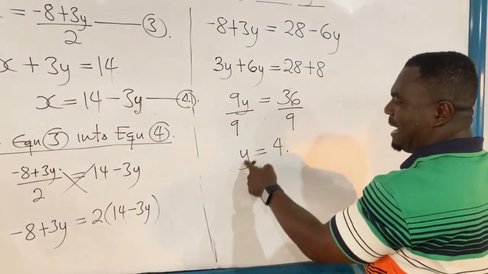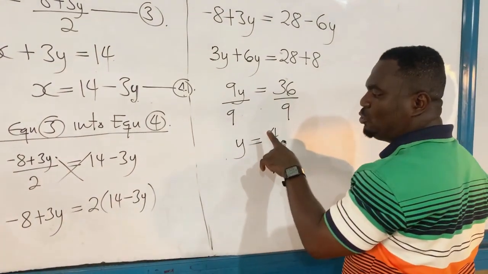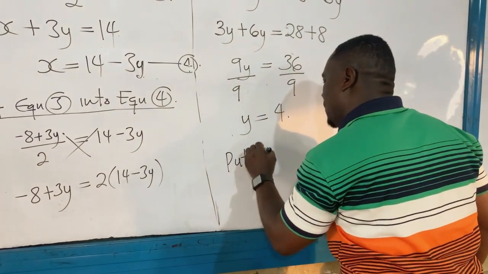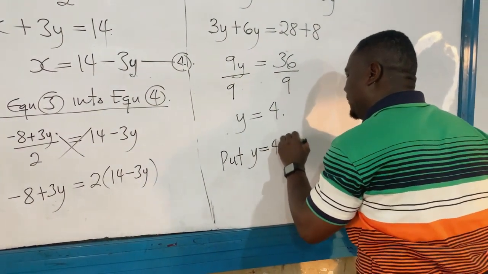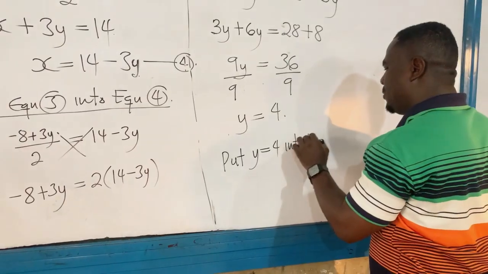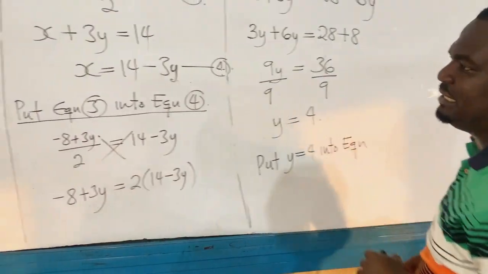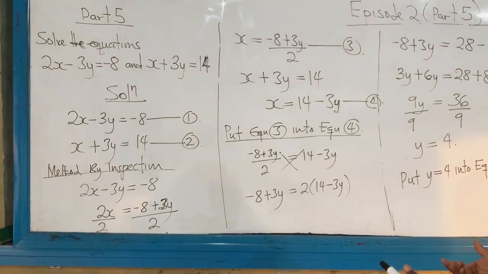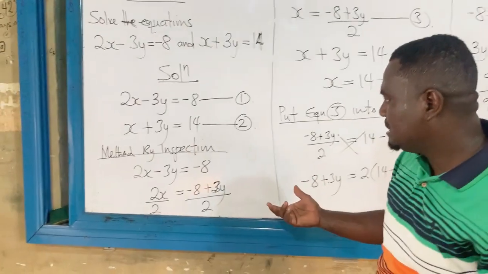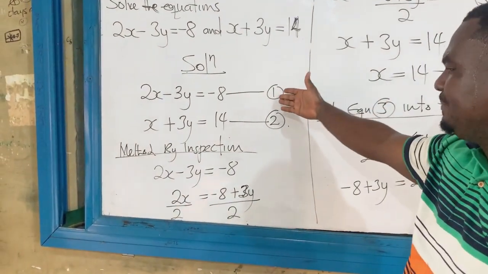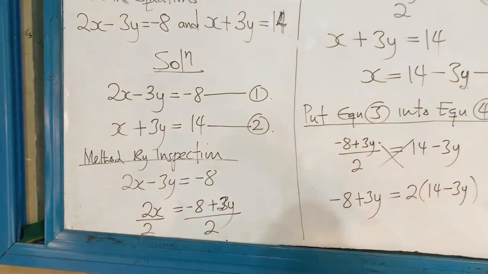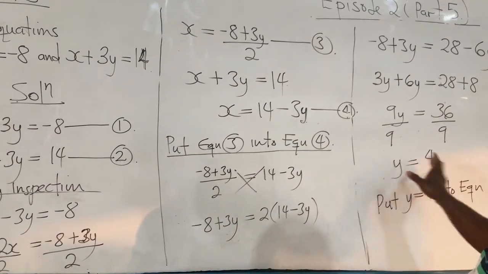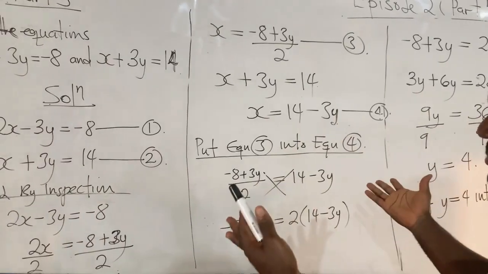After solving for your y as 4, you try to use your y to find your x. You put y, which is equal to 4, into whichever equation is nice or will be easy for me. I have equation 1 here, equation 2, equation 3, equation 4, and I've gotten my y as this, and I want to solve for x.